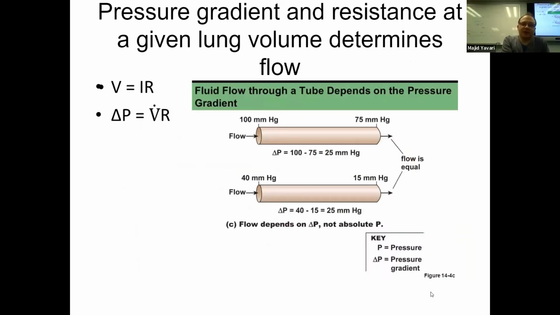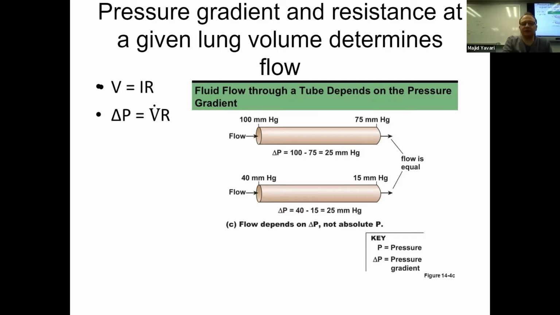So determination of flow, to review last lecture, is based on the difference in the pressure from the alveolus to the airway opening, the mouth, and the resistance. So this is your flow here. And so if there's a higher resistance situation, flow is decreased. And in obstructive lung disease, that's exactly what you have.